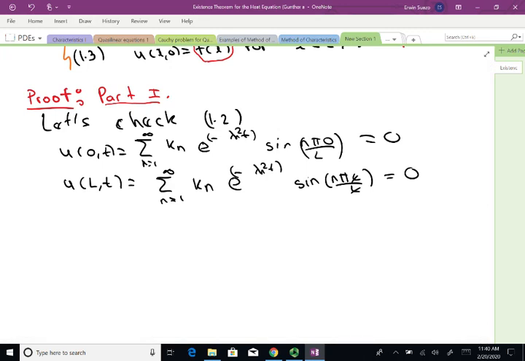So what we wanna do, we are gonna check that 1, 2 is fine, right?